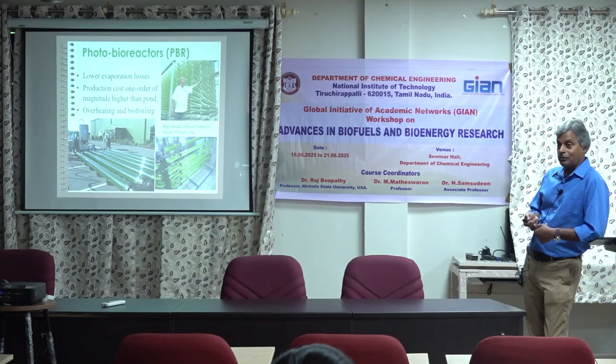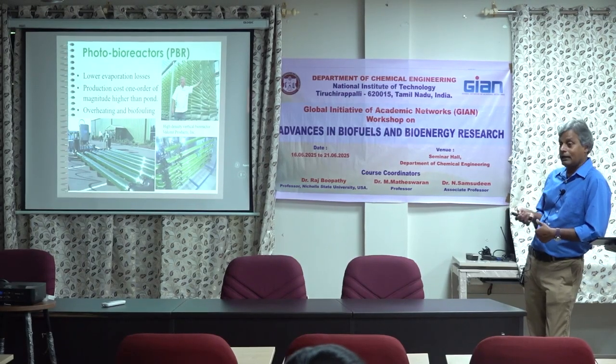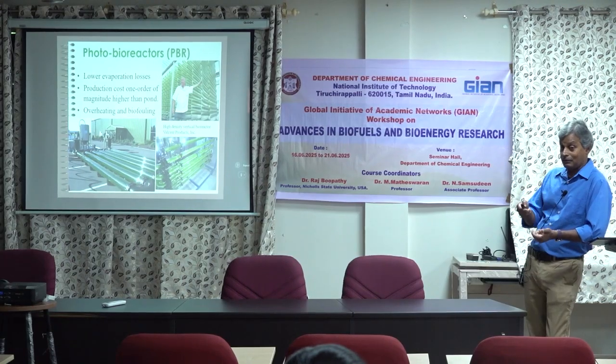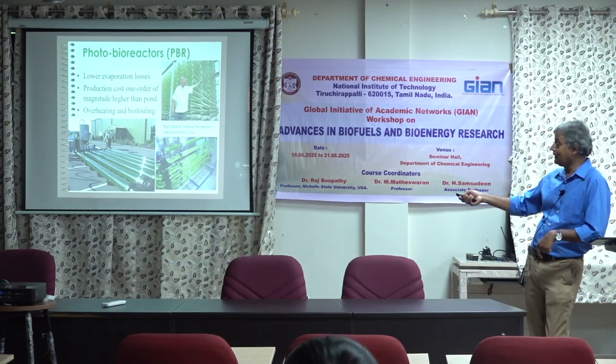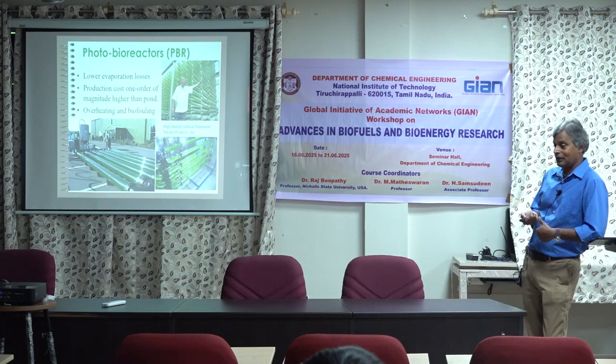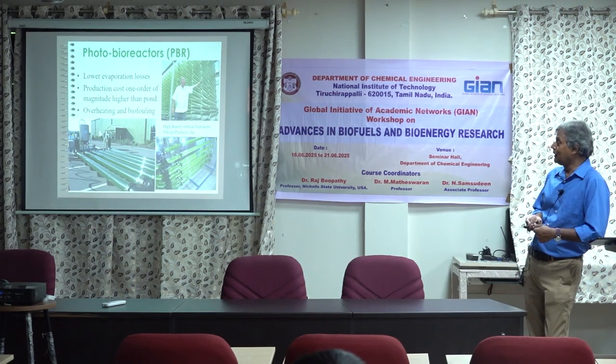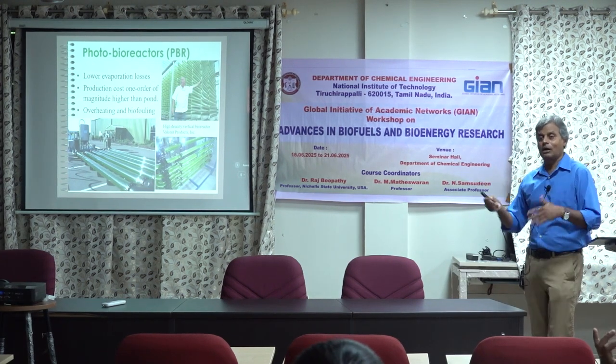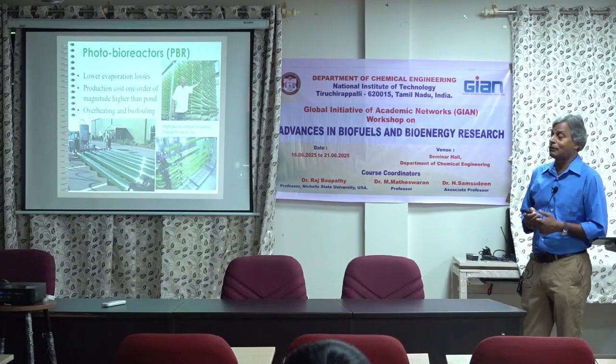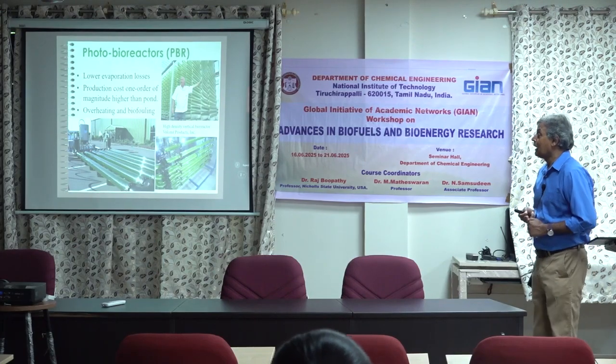In a large scale photobioreactor, this is how it looks. You don't use light inside a building, it's outside. The sunlight is used as the light source. In a closed system, water loss is minimal, so water evaporation is not happening.